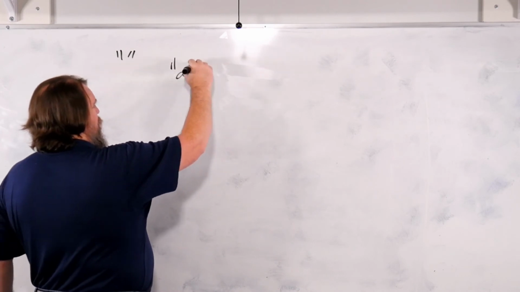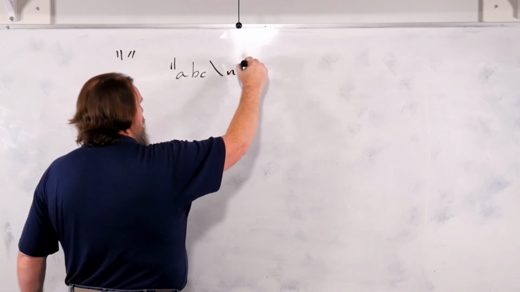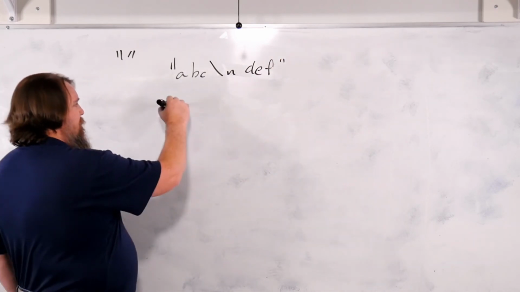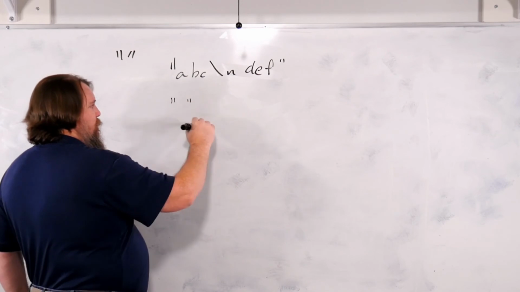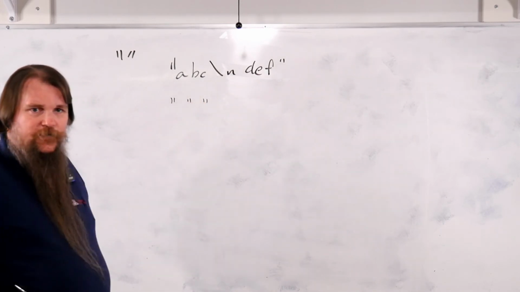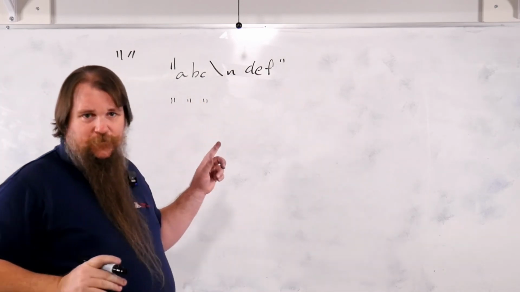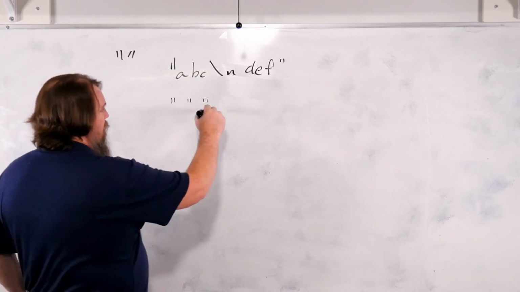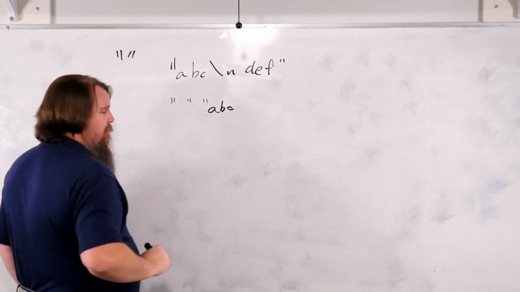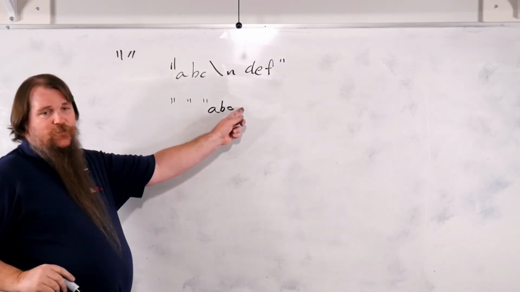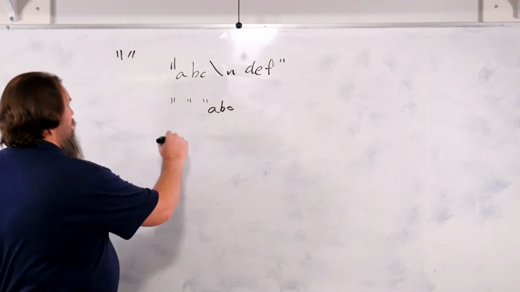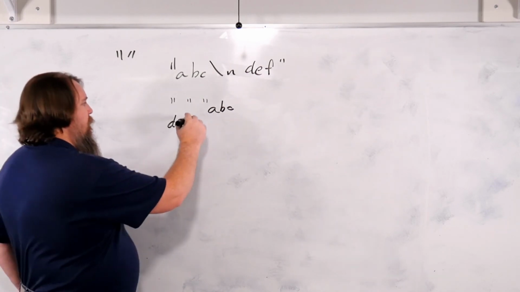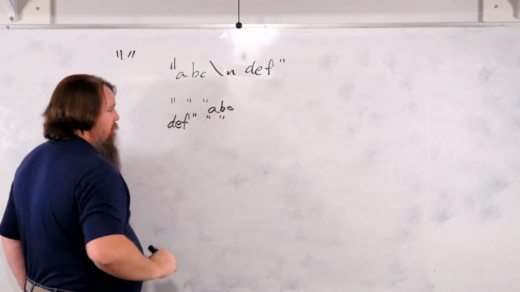So we were looking at ABC, new line, DEF. We can also write this as triple quote. Now, there's no spaces in the middle there. I'm adding some space so you can see it on the board. ABC, no closing quotes, DEF, triple quote to close it.